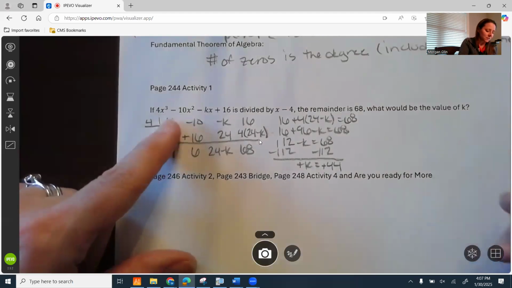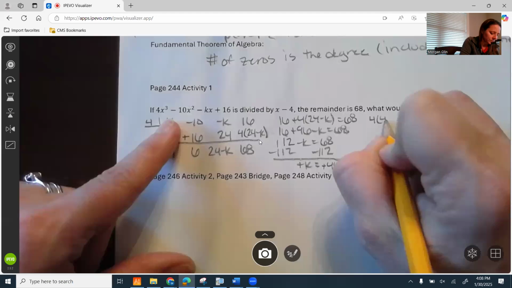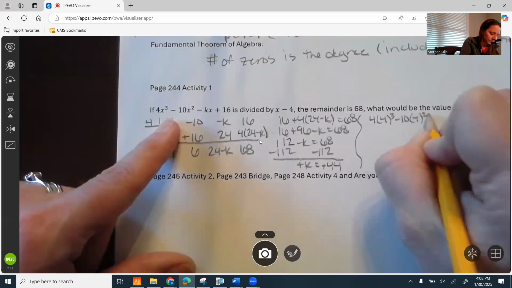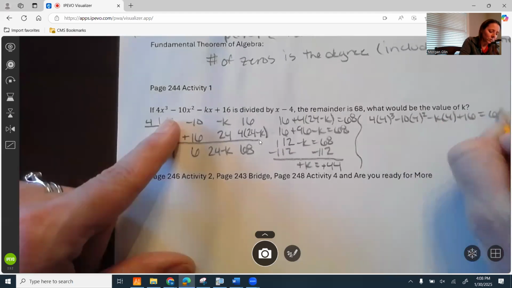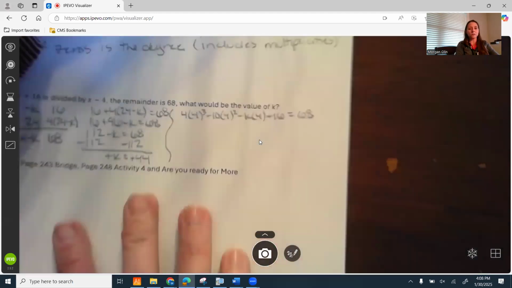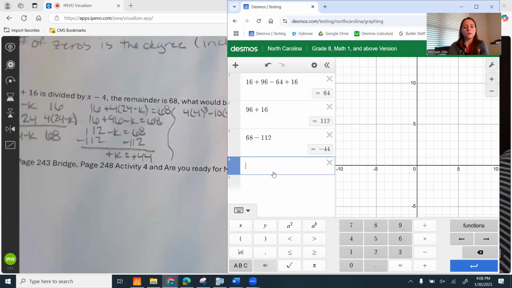To use synthetic substitution, we would plug 4 in for every x. And it should equal the remainder, which is 68. All right, so when I take this part, it would be 4 raised, hold on, 4 raised to the 4th, third, sorry.